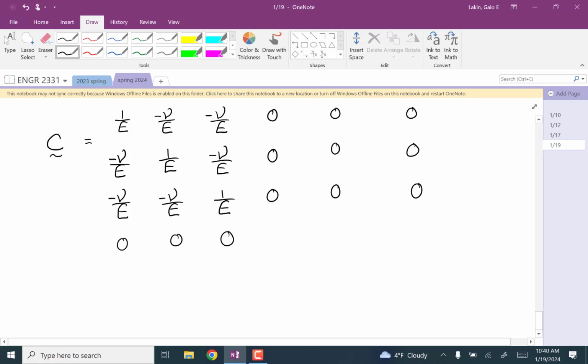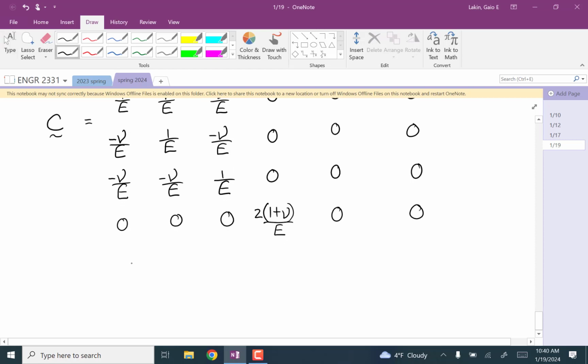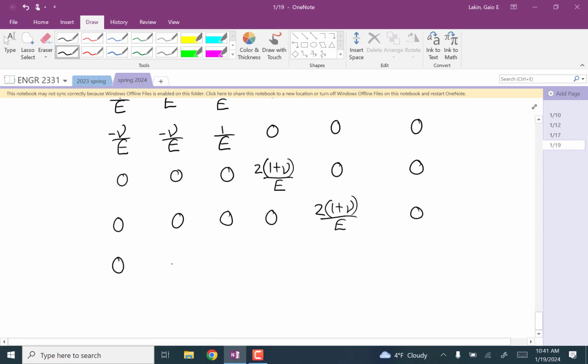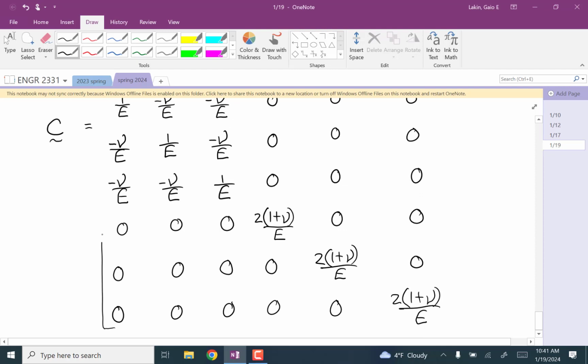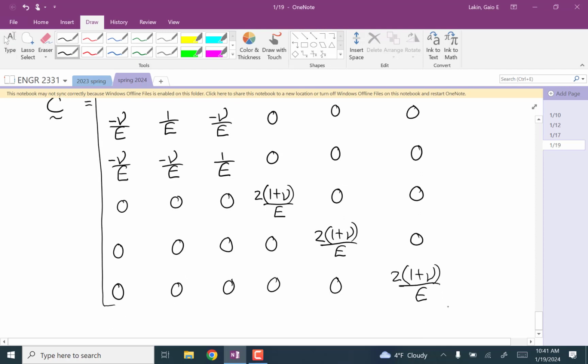And the thing that moves along one at a time is 2 times the quantity 1 plus nu over E. Okay.